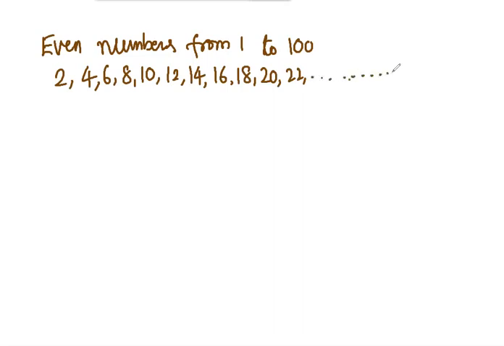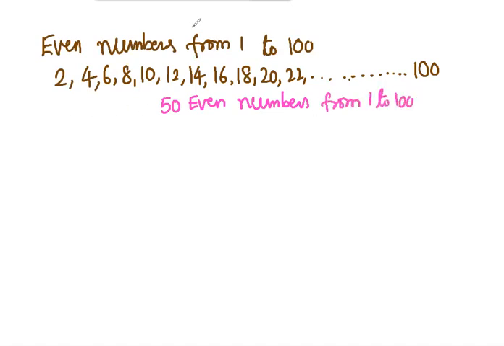If we go on writing like this, you will get the last number as 100. If we count all these numbers, we get 50 even numbers. There are 50 even numbers from 1 to 100.